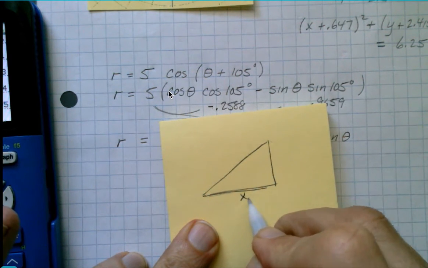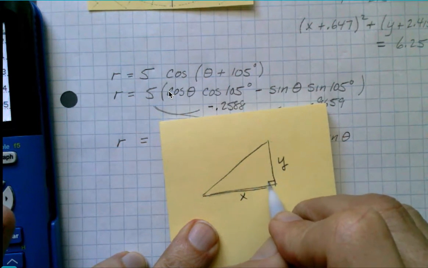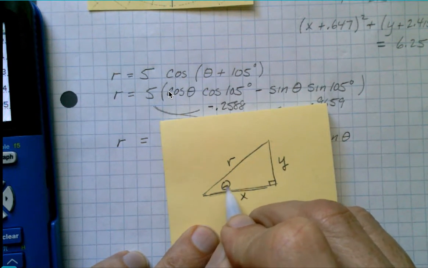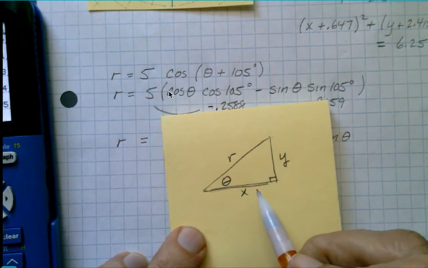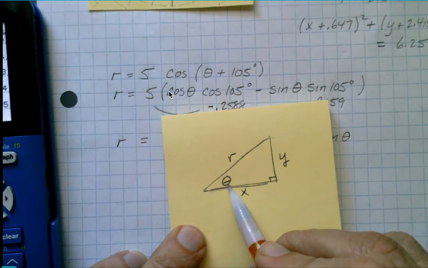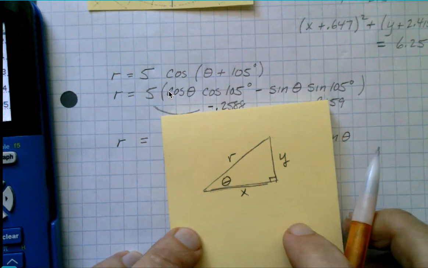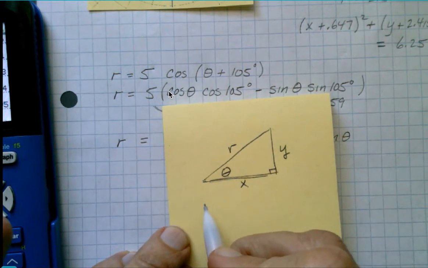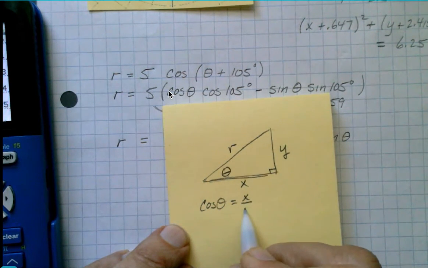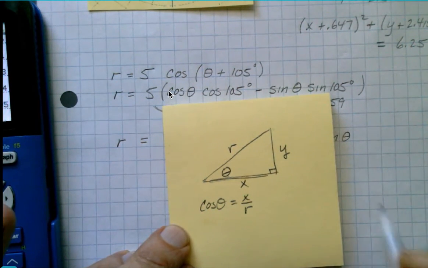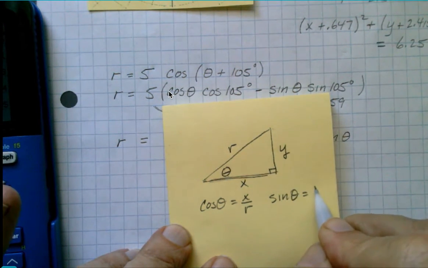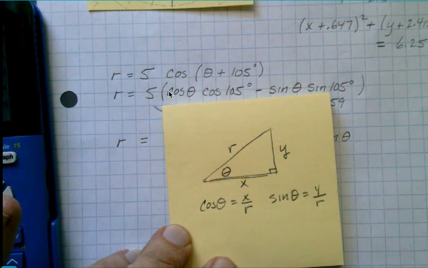X and y are the horizontal and vertical coordinates, and then r and theta are right here. So among other things, cosine of theta is x over r, sine of theta is y over r.